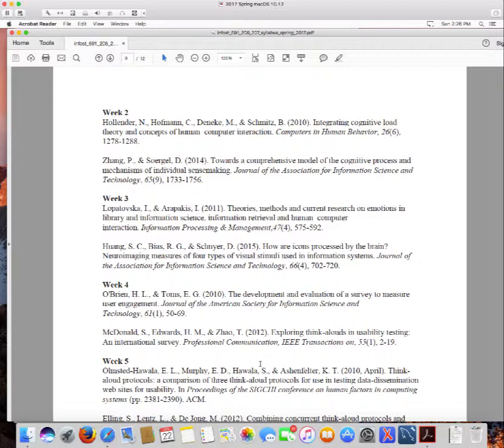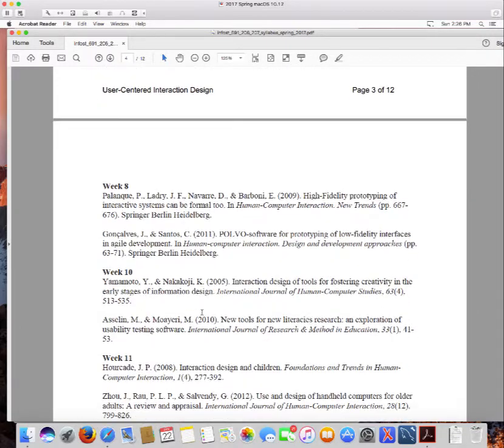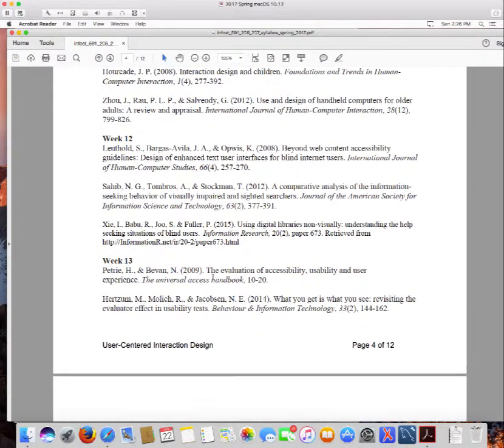So when we expand the knowledge base of the field, it comes out in these kinds of scholarly articles. And so we have a series of scholarly articles that are picked because they relate to the topics of the particular week in which we're going to be reading and discussing them. All right. So I'm not going to go through all the papers specifically here, but we have a paper or two or sometimes three in each of the weeks.